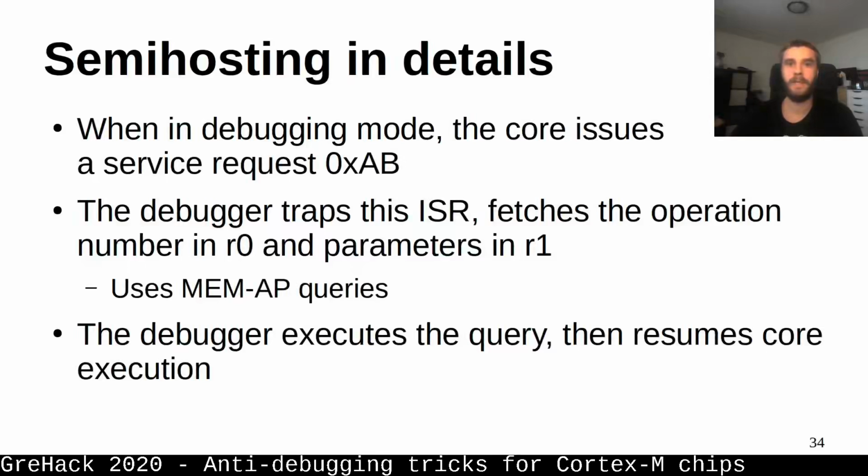The debugger will see the trap ID, which is 0xAB, and it will know that it has to query the R0 register to know the operation, and R1, which will be a pointer to the structure for the syscall. It will then fetch all the data needed for the syscall, execute it on the local machine, and if it needs to send back results, it will, and then it will resume the execution on the target.